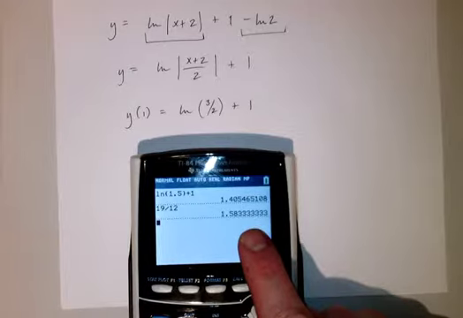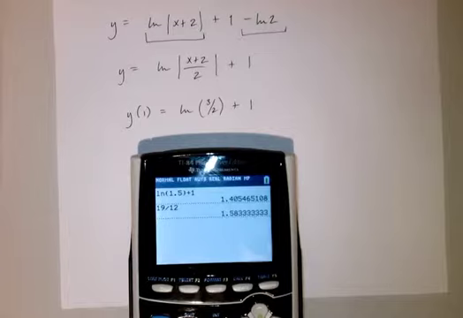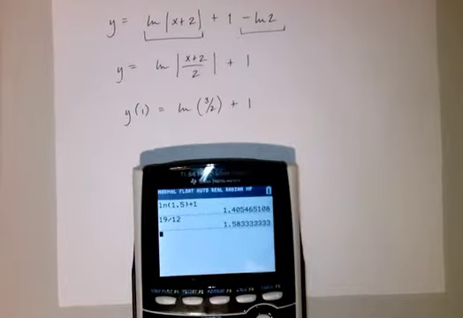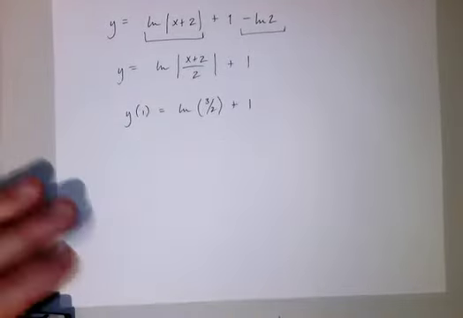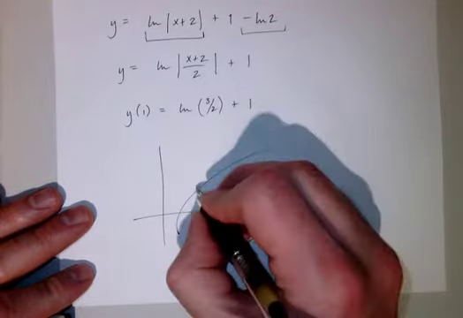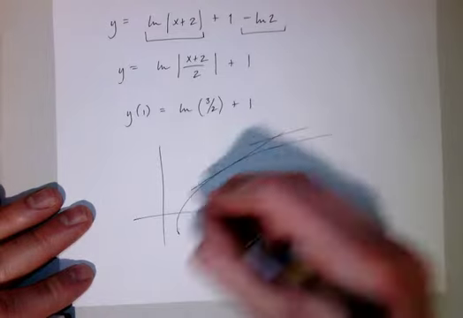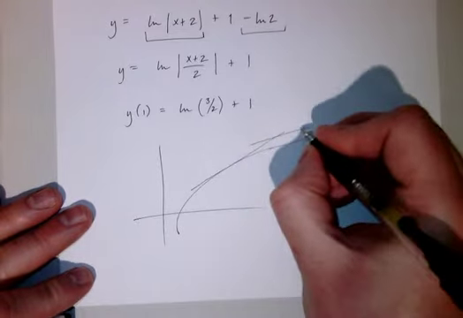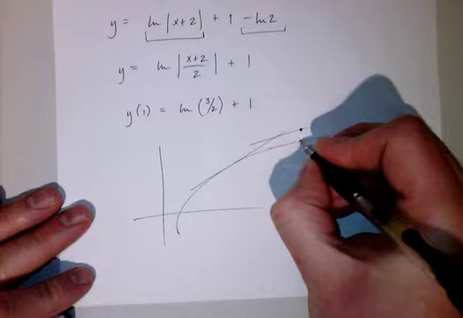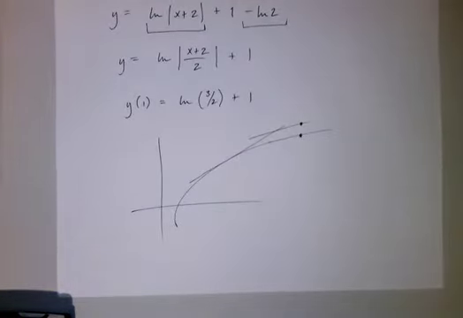It does make sense. If the actual function is a natural log function, you know that it's increasing and concave down, which means that tangent lines like this are going to be above the curve, and therefore the approximation will be greater than the actual function value.